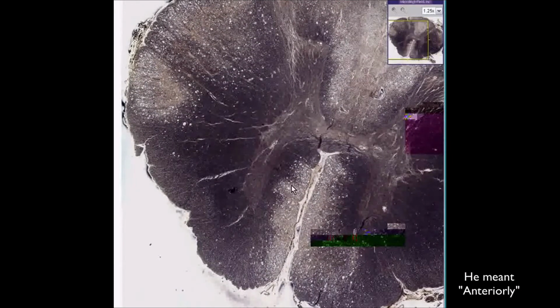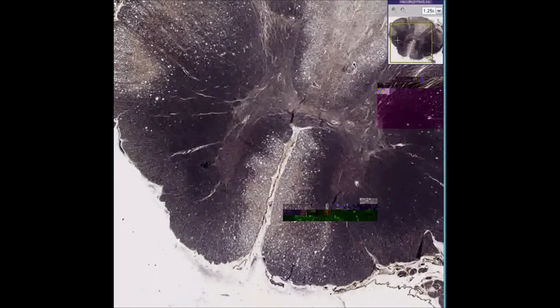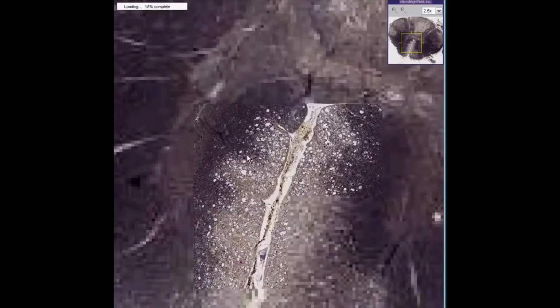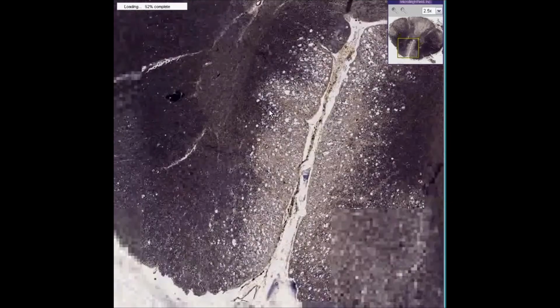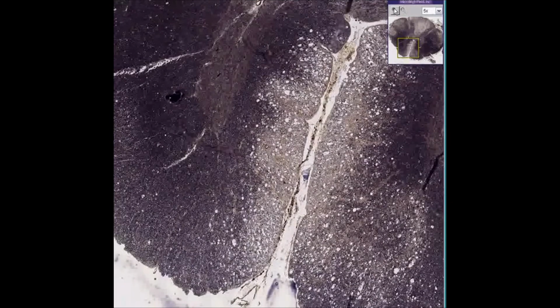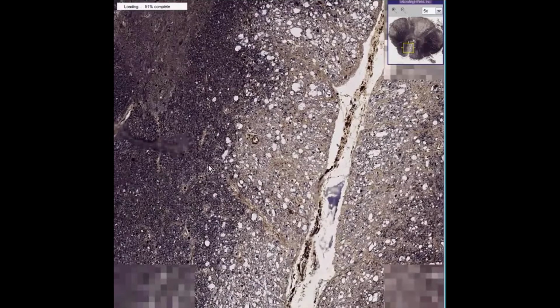So all of the area here, which is not black anymore, is not black because it's lost its myelin, and it lost its myelin because of long-standing vitamin B12 deficiency.